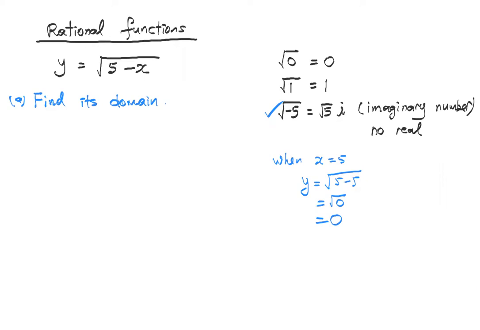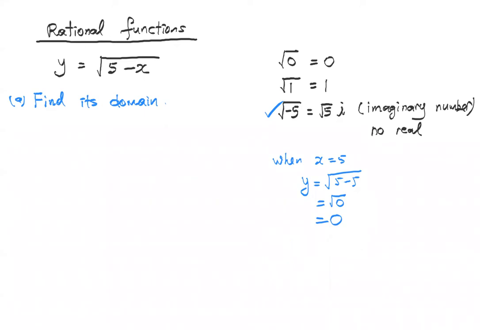Okay, if 5 minus x is smaller than 0, it means this is a negative value. Or it can't be smaller than 0. So can we put it in a positive way, instead of saying it can't be smaller than 0?